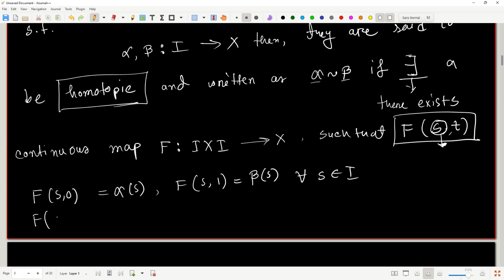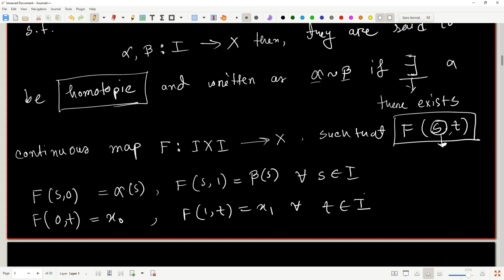Similarly, when this is 0 and t, we have x0, and when this is 1 and t, this is just x1, for all t belonging to I. So now let me explain what s is. This s will give you the curves themselves, and t is a parameter that will indicate what's happening in between alpha and beta.